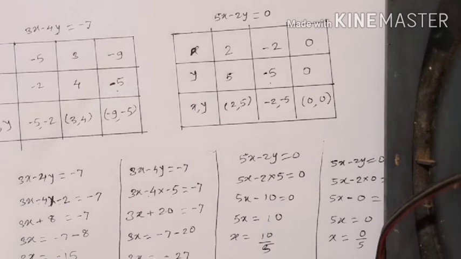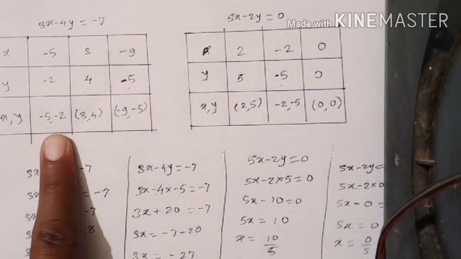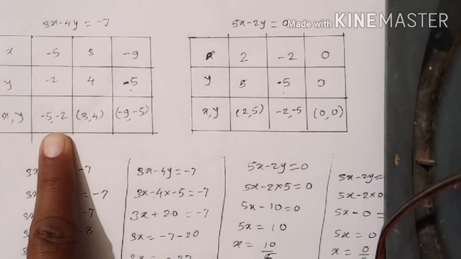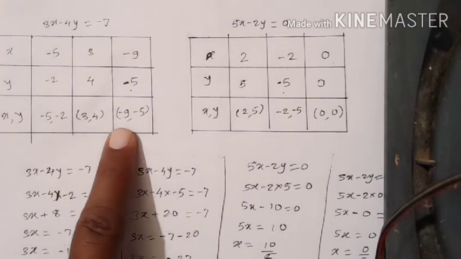And boys, we will write the coordinates of the points. For the first equation, see here, the first coordinate is minus 5 comma minus 2. The second coordinate is 3 comma 4, and the third coordinate is minus 9 comma minus 5.